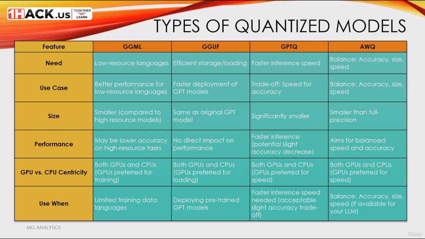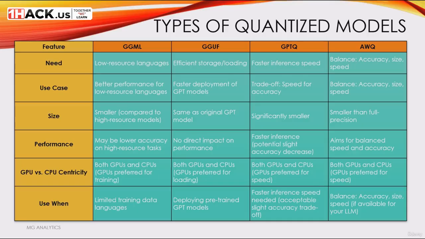And its main use case is that it speeds up the deployment of GPT models by enabling faster loading and potentially better resource utilization. So in comparison to GGML, it will have a faster deployment, and it will have a better performance. And here you can use it for both GPU and CPU.